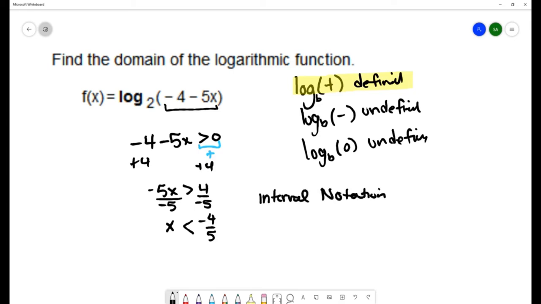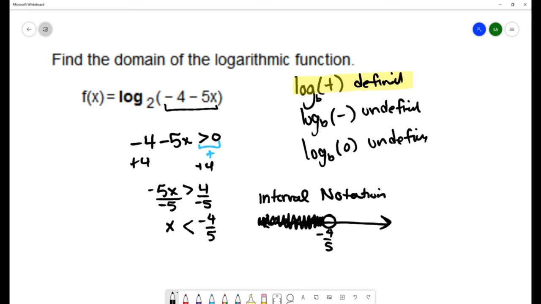And with interval notation, I like to draw a graph first. And we're going to mark -4/5 with an open circle to say that -4/5 is not included. And the values that are less than -4/5 are to the left of -4/5, and those will be part of the domain.